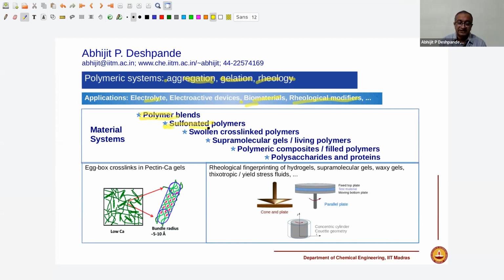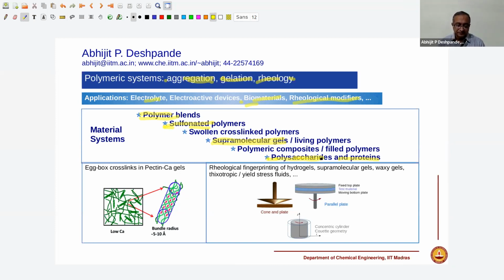They could be acidic polymers having a significant degree of ionization. We also work quite a bit with supramolecular gels, where small molecules form gels in a suitable solvent. And of late, we've also been working on natural polymers, both proteins as well as polysaccharides.